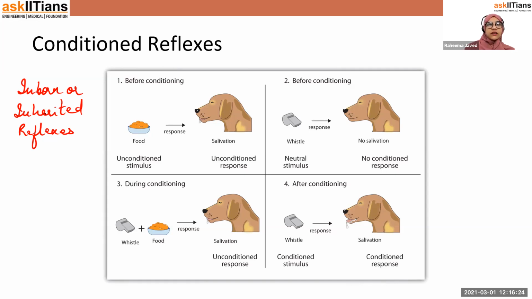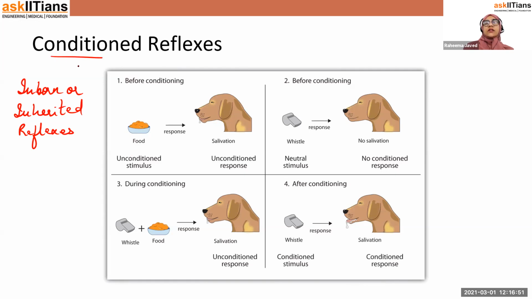We are born with them, but there are some reflexes for which learning is required, and this was explained by a Russian physiologist, Ivan Pavlov. He did this experiment on a dog where, with the help of an unconditioned stimulus and an unconditioned response, he converted them into a conditioned stimulus and a conditioned response.